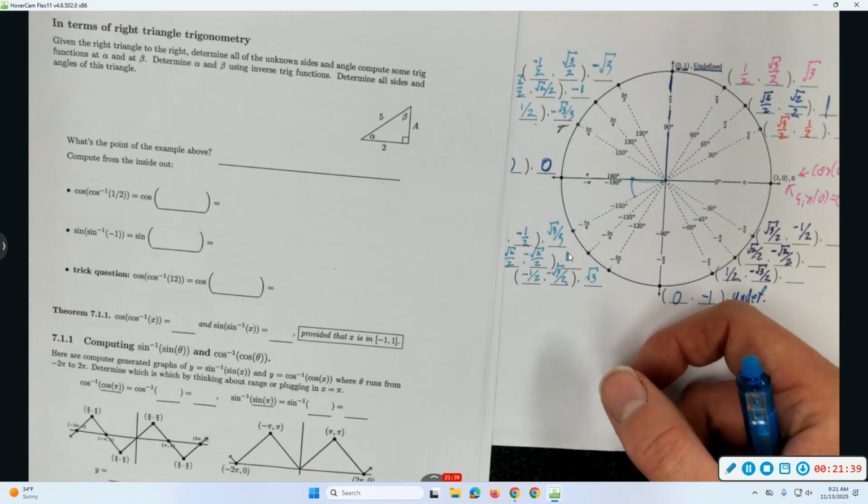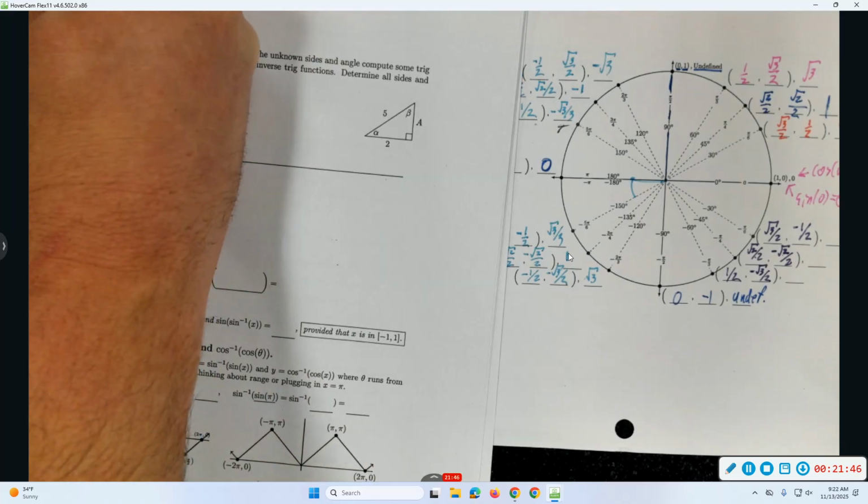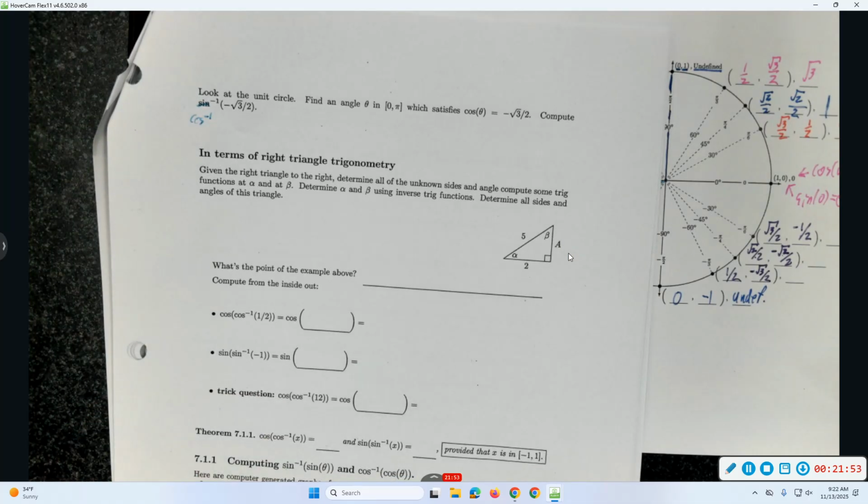Nice. Again. Suppose I ask you to compute, not sine inverse, but cosine inverse of negative root 3 over 2. What are you going to tell me? I hear a pi over 6. Do I hear a second for pi over 6?